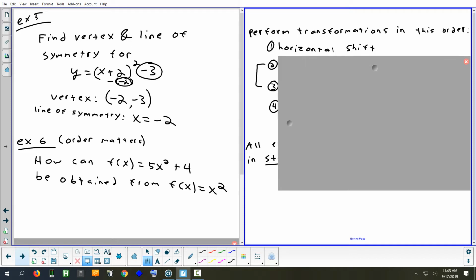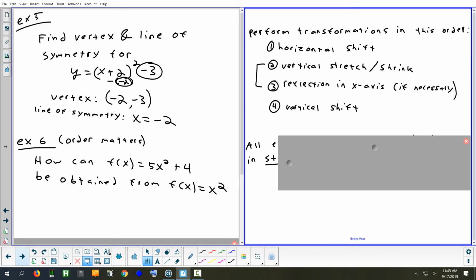The order that we always do transformations in, when you write them, is you start with the horizontal shift, then you do vertical stretch and shrink. The next thing you write down is a reflection. And I put if necessary. These are all if necessary. Maybe you don't have a horizontal shift in your problem. Okay, so do your reflection if you have one. And then lastly, do your vertical shift.